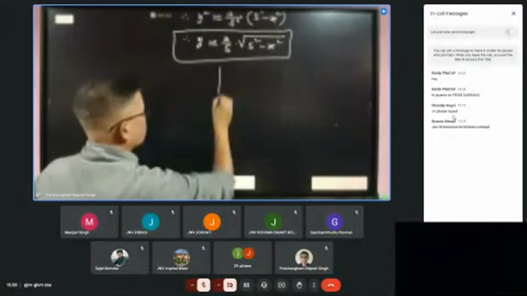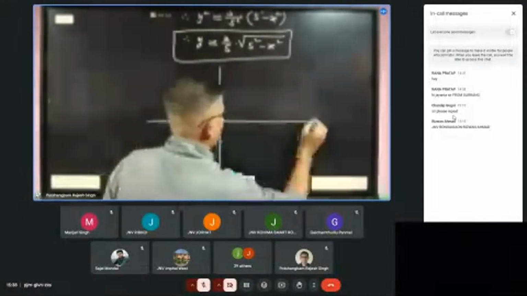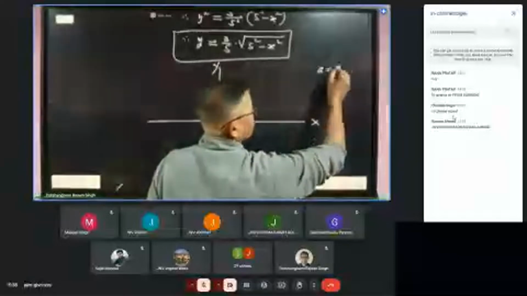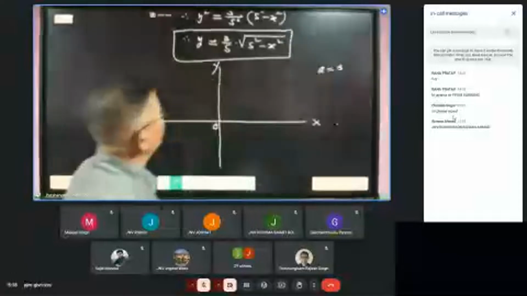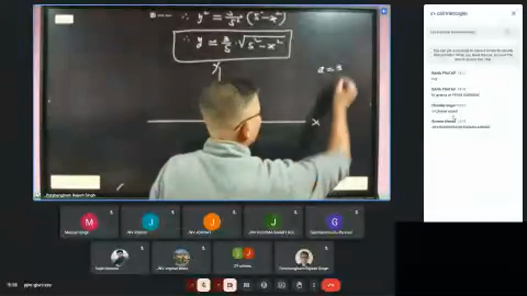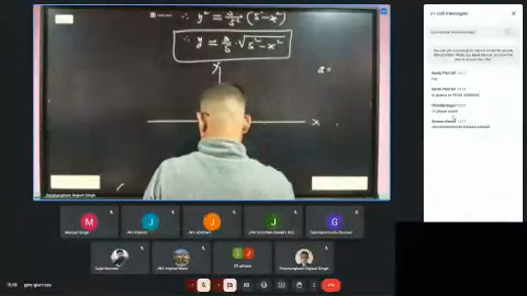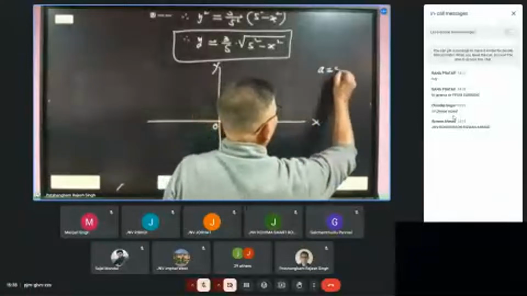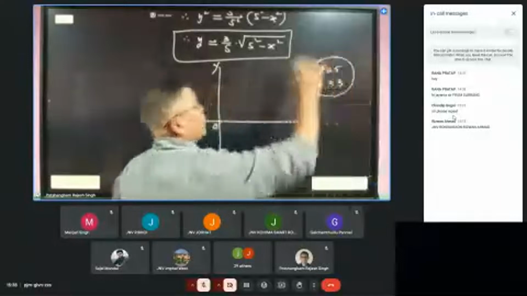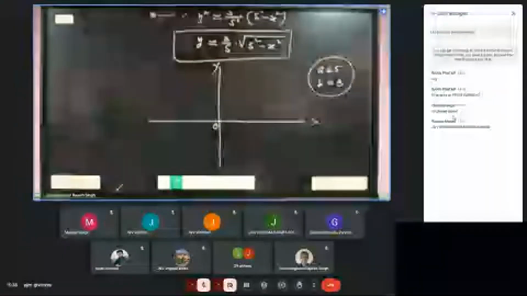So this is the y axis and this is the x axis, and the origin. What was the value of A? A is the length of the semi-major axis. A was 5. And what about B? B was 3. Based on the length of the semi-major axis and the length of the semi-minor axis, we need to draw the diagram.